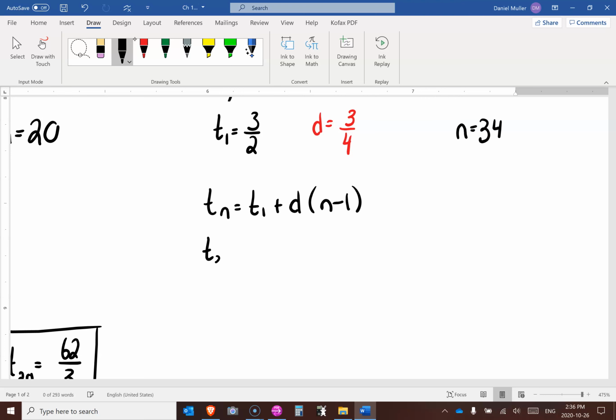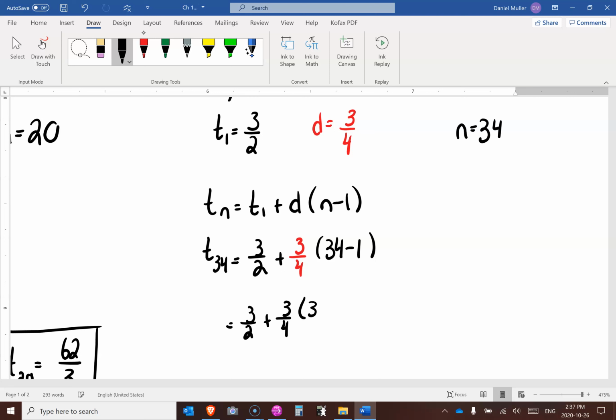And T34 is equal to 3 over 2 plus 3/4 times n minus 1, so 33. That's what that would be. It's 34 minus 1, yeah. So 3 over 2 plus 3 over 4 times 33.